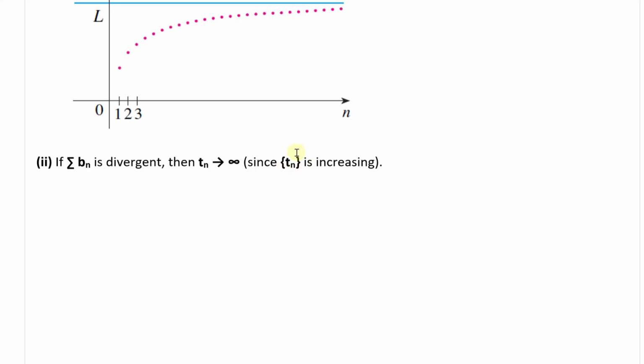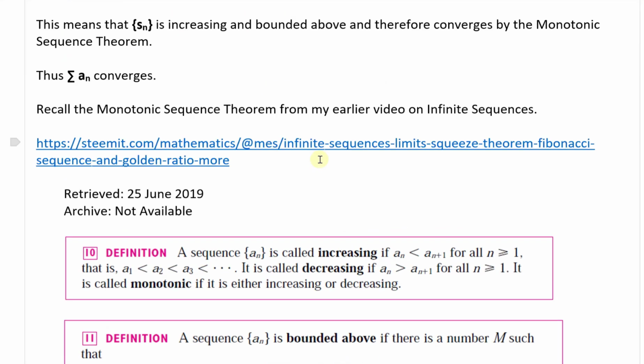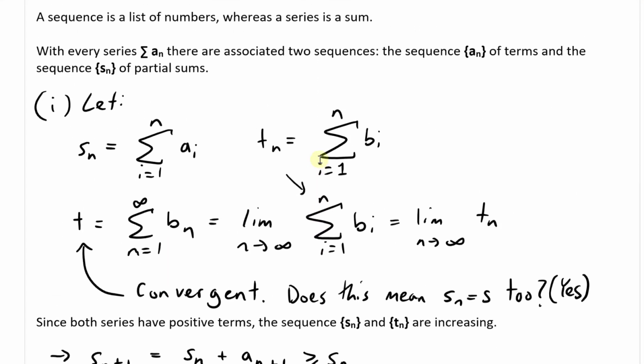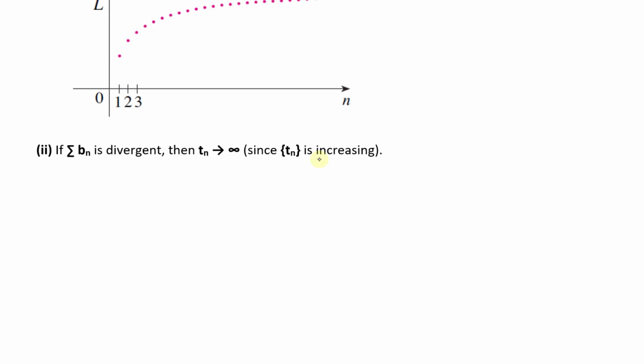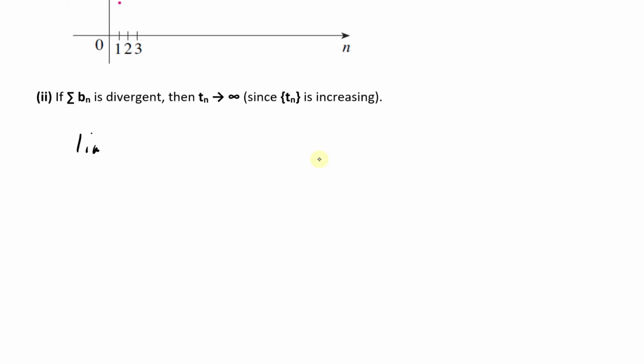It's always increasing, the partial sum, because it's always positive terms. So in other words, recall, scrolling up here, instead of equaling this, it goes to infinity. So we have Tn equals that, so I'll just write the limit as n approaches infinity of Tn, which equals the limit as n approaches infinity of the summation.